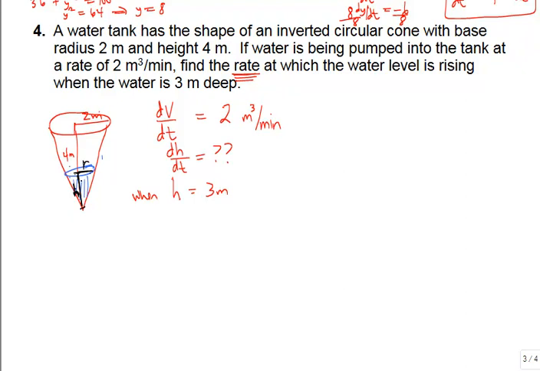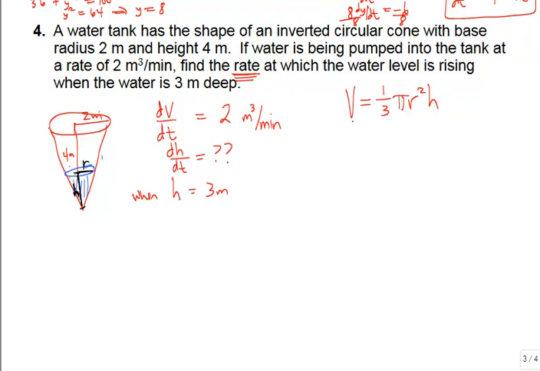So what would be the volume of this small blue cone? Well, this is another one of those formulas that I would expect you to know, but if you've forgotten, just look it up in your textbook in the front or back cover. The volume of a cone formula is 1/3 pi r squared times h.